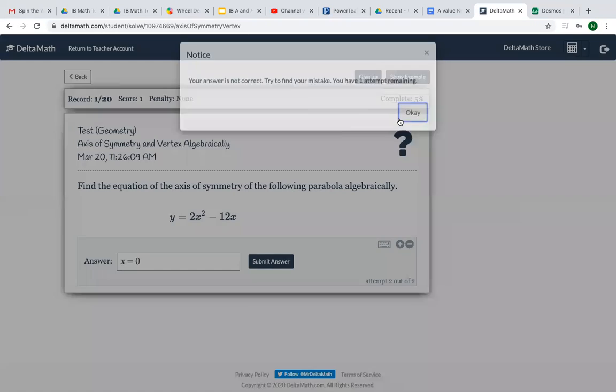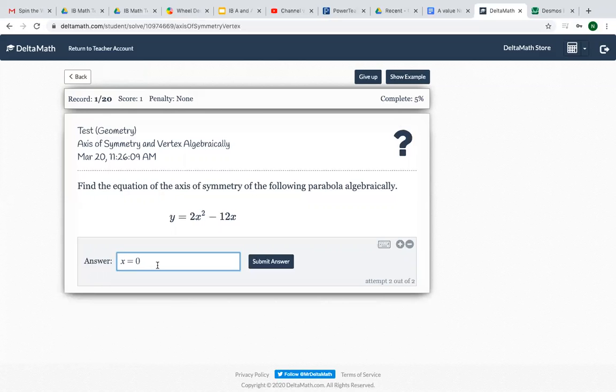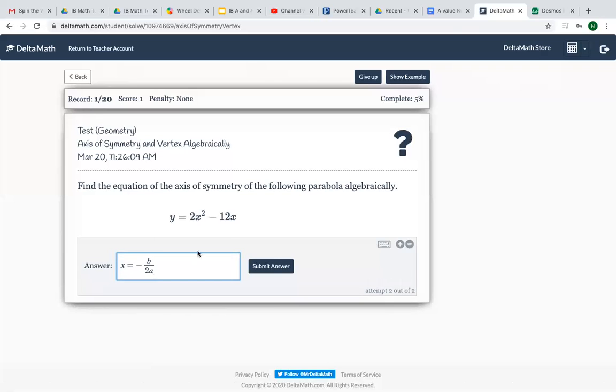Wait, so I don't get that B and A thing. Oh, sorry, it's not 0, it's 12. So the equation is just negative b divided by 2a, and your b is the number in front of just the x, and your a is the number in front of the x squared.